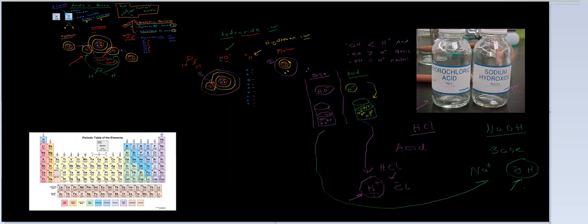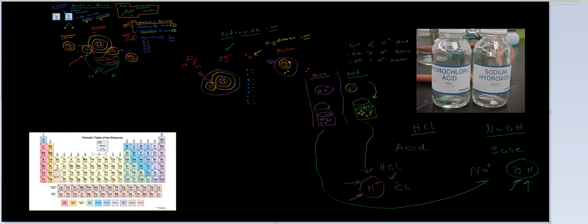If you were to look inside the HCl bottle, you're going to see loads and loads of H plus ions. If you look inside the sodium hydroxide, you're going to see loads and loads of these hydroxide ions present. So as a result, the one on the right, sodium hydroxide, NaOH, is a base because it produces loads of these OH minus ions.